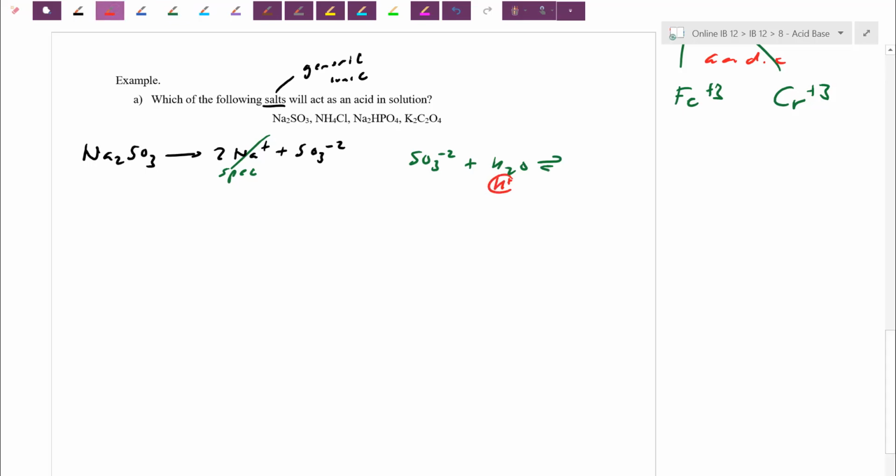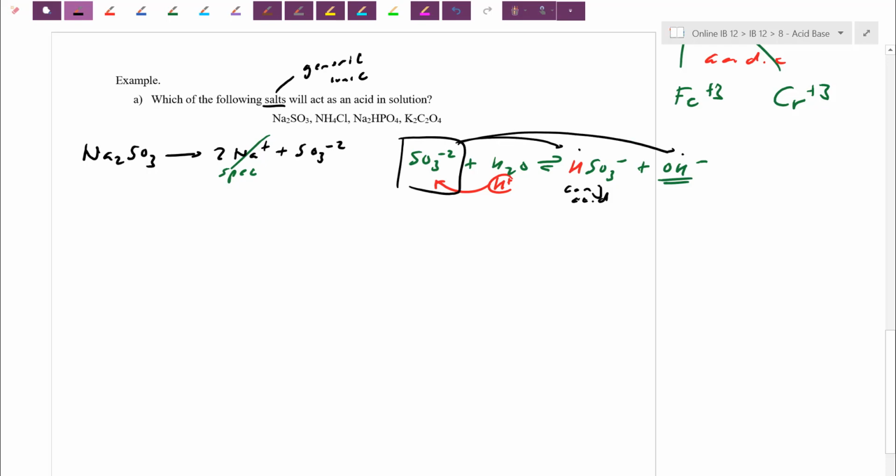I have this negative charge here, and I'm willing to go up by an H and go up by a charge. I get HSO3-, and therefore end up releasing a little bit of hydroxide. Don't worry that we do end up forming the conjugate acid. There's so little of it that it won't break up again to form H+. So these are all weak bases. This one will produce a little bit of HSO3- and a little bit of hydroxide. It produced hydroxide, so the pH would be bigger than 7. This one would actually be basic.